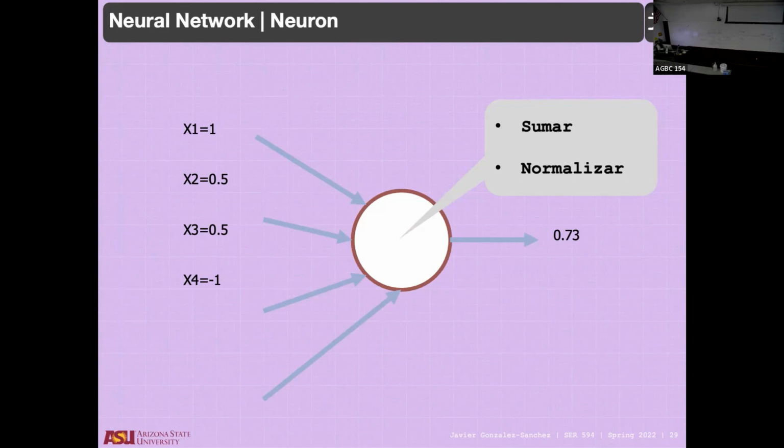Possibility of the answer. Yes, it's a probability. So you apply addition and this equation, and you get as an output a number between 0 and 1, where 0 is no, 1 is yes, and in the middle you have the probability. This one is 73% of probability. 73% of probability of what?